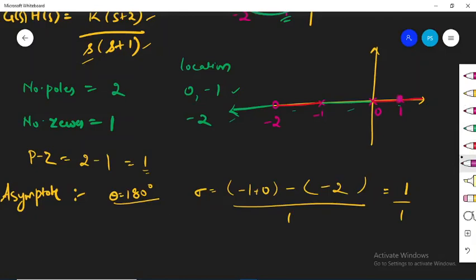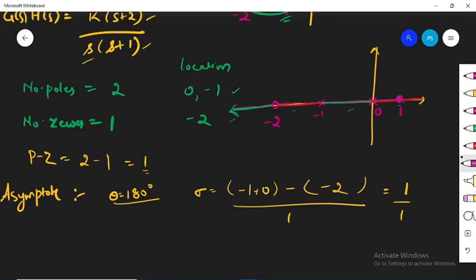So from this point, I am going to mark the asymptote. I am marking the asymptote with this pink or purple color. This is my asymptote line. So one of the poles will be moving along this purple line.